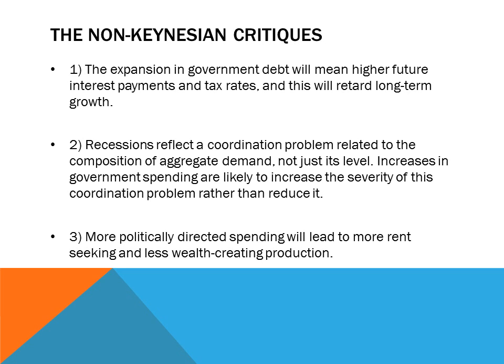It's really a coordination problem between individual actors. It's not just a result of an overall lower level of aggregate demand. Increasing government spending is likely to increase the severity of this coordination problem rather than reduce the recession. And thirdly, more politically directed spending will lead to more rent-seeking and less wealth-creating production.